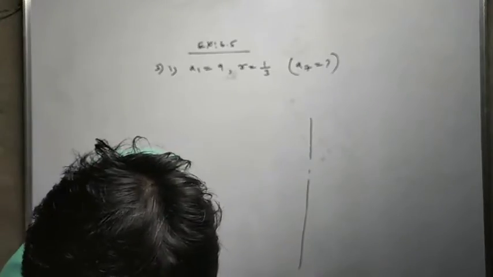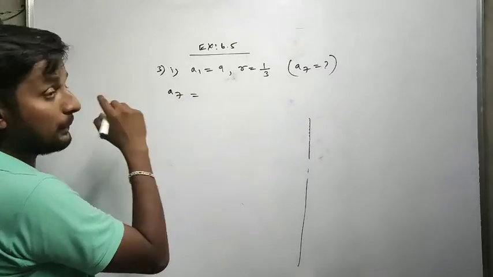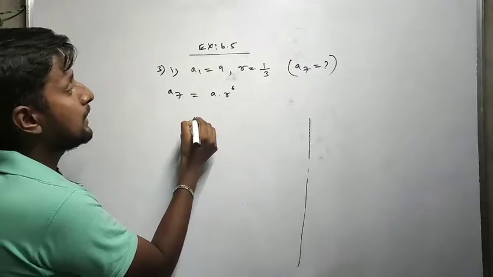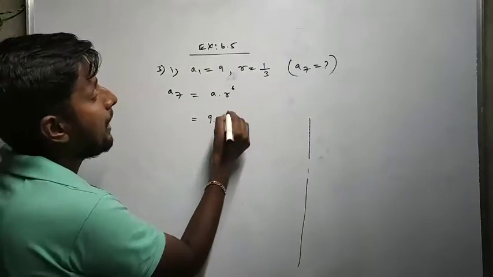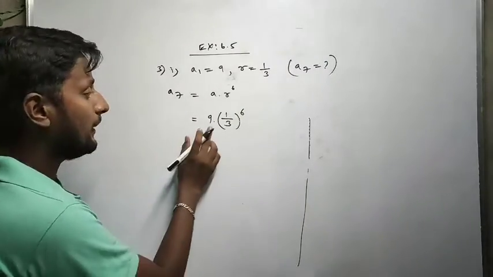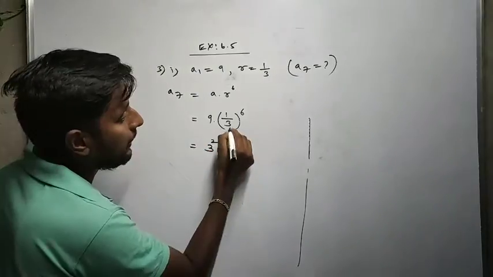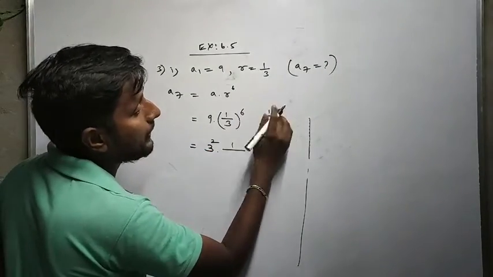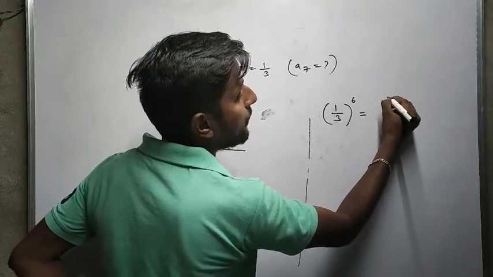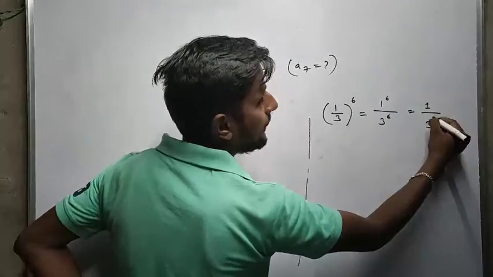What is A7? The 7th term is equal to A into R to the power 6. The A value is 9, and 1 by 3 whole power 6. To simplify, 9 we can write as 3 square, into 1 by 3 whole power 6, which is 1 power 6 by 3 power 6, that is 1 by 3 power 6.